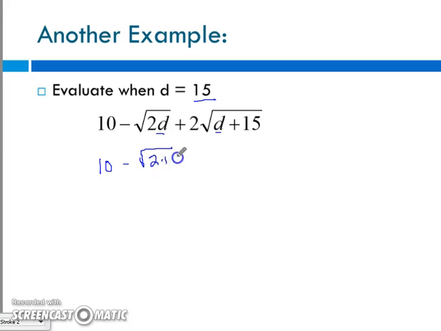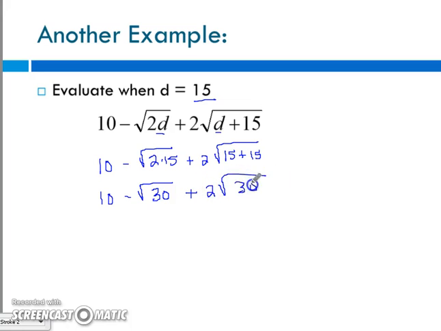So 2 times 15 there, plus 2 times the square root of 15 plus 15. So 10 minus 2 times 15 is 30, so the square root of 30, plus 2 times 15 plus 15, so the square root of 30.